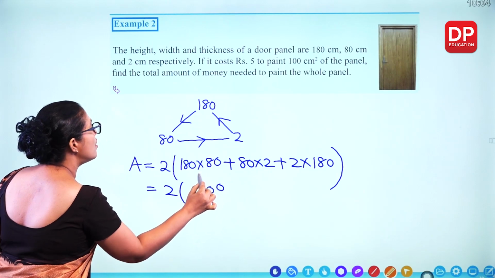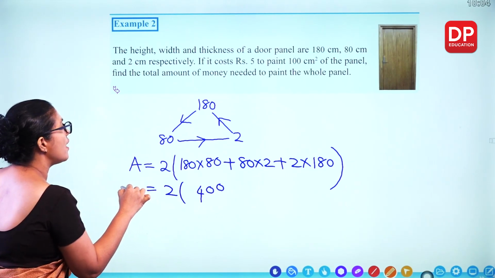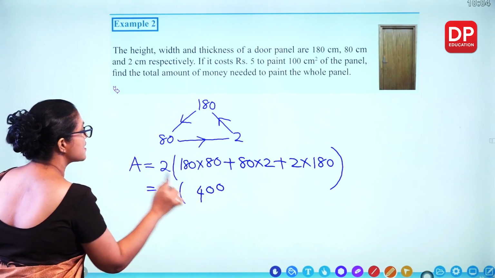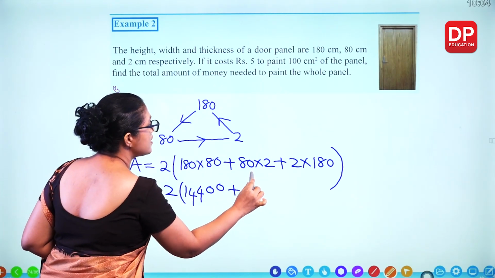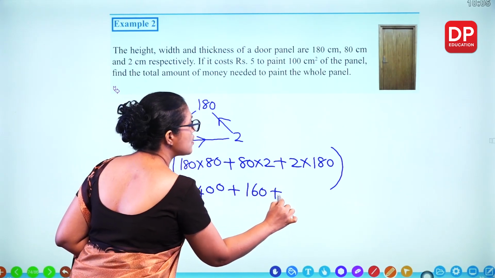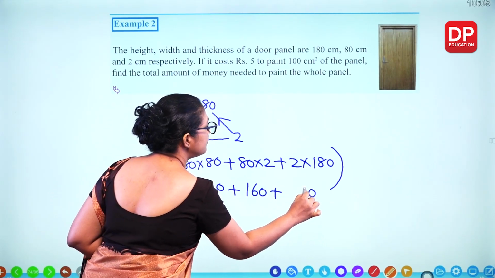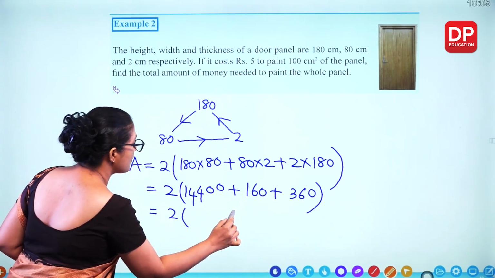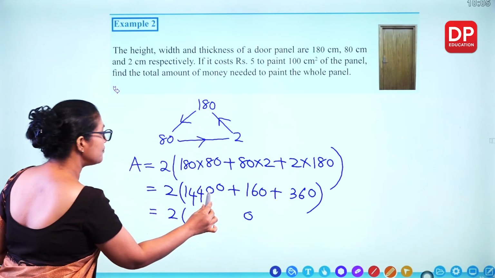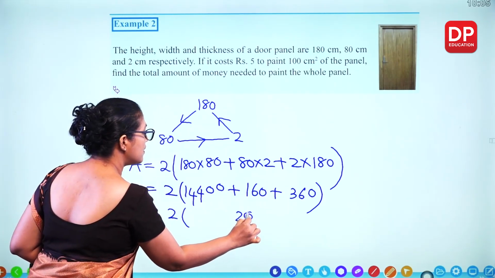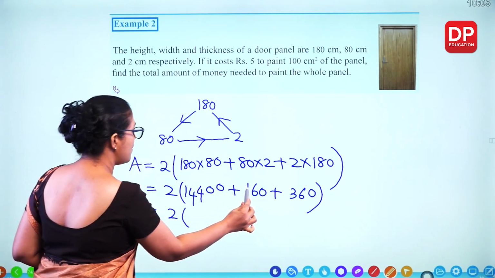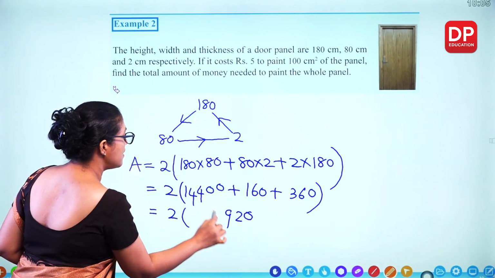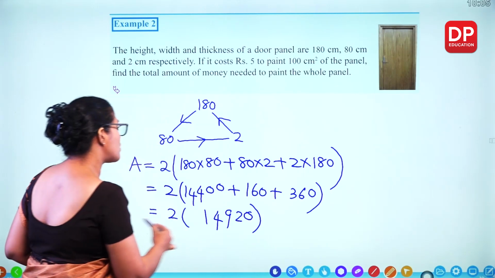8 times 8, 64, 8 times 1, 8 plus 6, 14, so 14,400. 8 times 2, 160, 2 times 180, you get 360. Now add these together, you get 14,920.